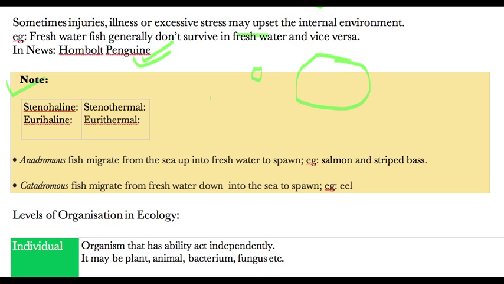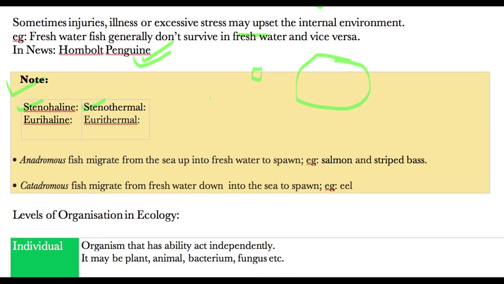First of all, stenohaline are those fishes which can tolerate only a small range of difference in salinity. Similarly, we have stenothermal, those animals which can survive in a very small variation of temperature.